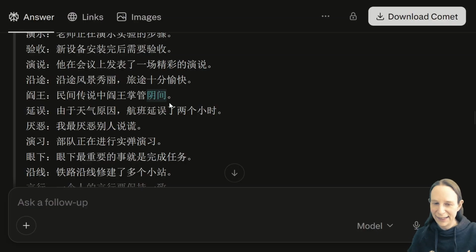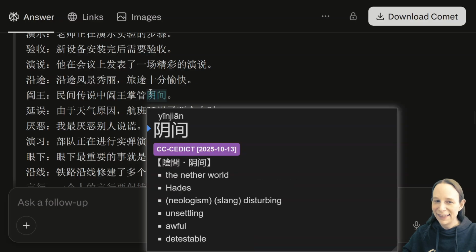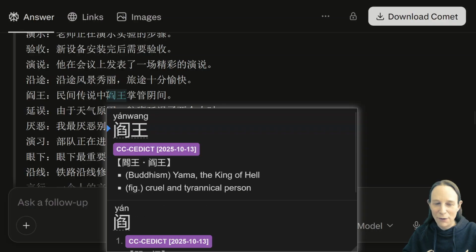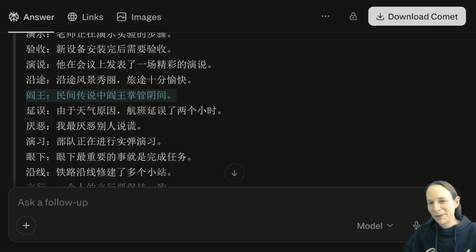So presumably this is like the underworld. So dark space, dark room, Hades. No, Hades is a person. So it's the netherworld, 阴间. Yeah, okay. 阎王 hasn't come up in my study.